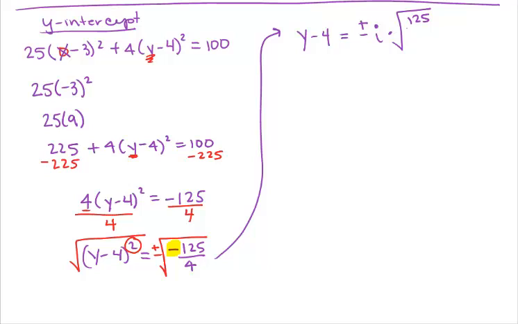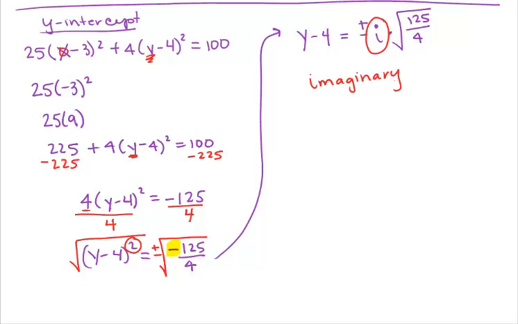Now, really I should be simplifying the square root here, but I'm going to show you why I don't need to. If I'm trying to find intercepts, meaning if I'm trying to find points on my graph, and I come up with an i as a solution, that means I'm trying to come up with an imaginary point on my graph, which is impossible to do.